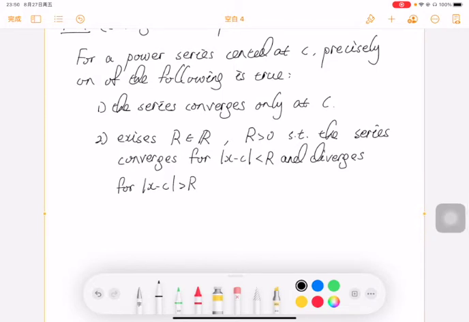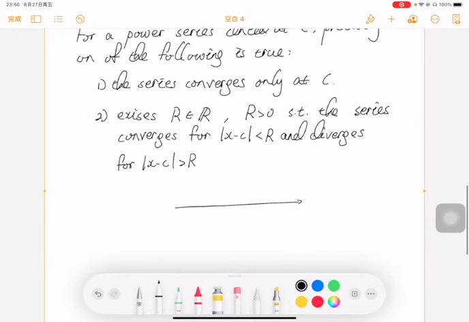So if you look at the real line and say this is the point C, then your range of convergence in this case will be an interval around the point C with R as the radius of this interval.